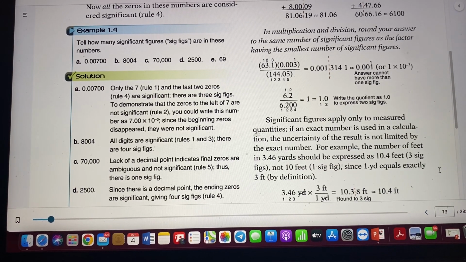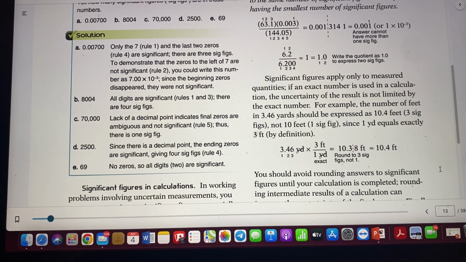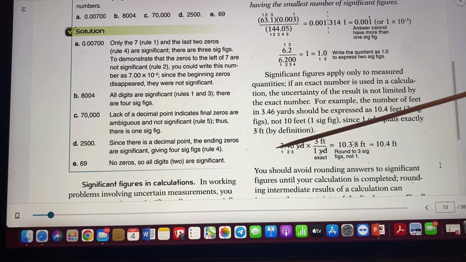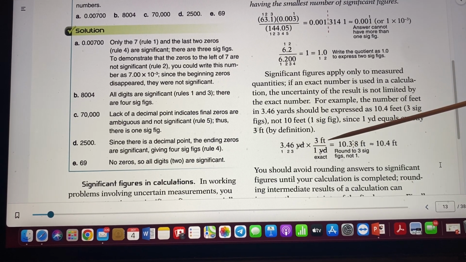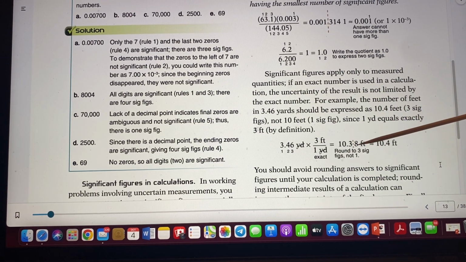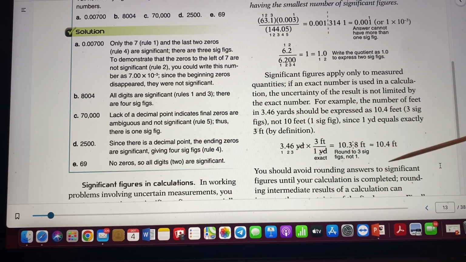So anyway, what they're saying here is that in the calculation, we've got 3 sig figs for the yards, times 3 feet over 1 yard, which is exact. And so now we want to round to 3 sig figs. So 1, 2, 3. So we round it to 3 sig figs.